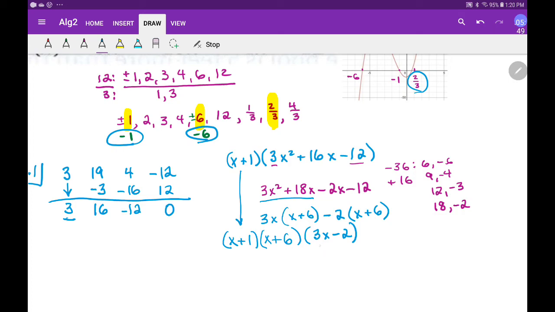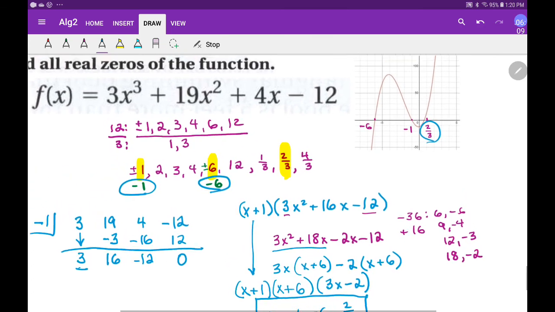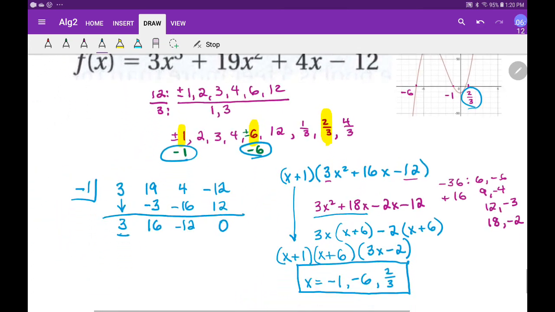If I put in a 2 over 3 right here, I'm going to get 2. And then I subtract 2, I get 0. Okay, so my values are negative 1 for this first one, and then negative 6 for the second one, and positive 2/3 for the third one. Those are all my real zeros, or all my real roots right there.